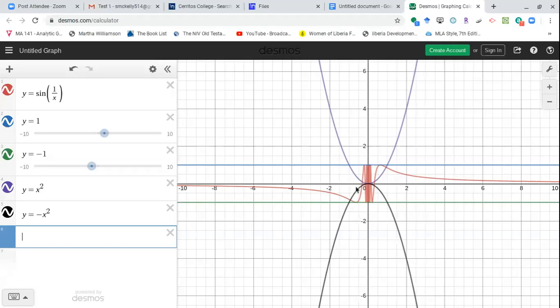So what's happening here is that I can say the limit as x goes to 0 of -x squared is 0, and the limit as x goes to 0 of x squared is equal to 0. And since it's between, it has to be 0.